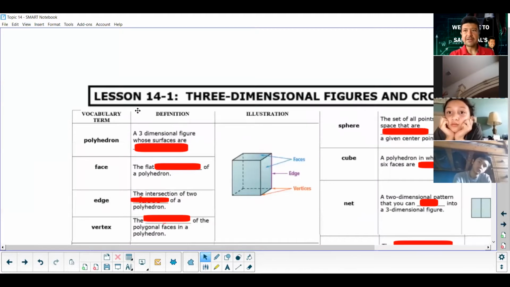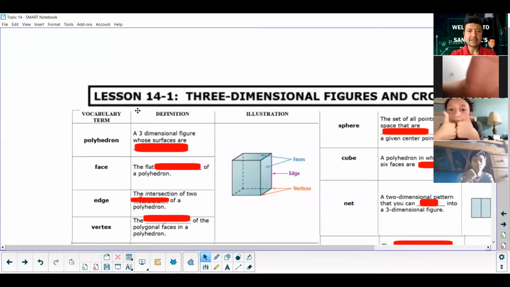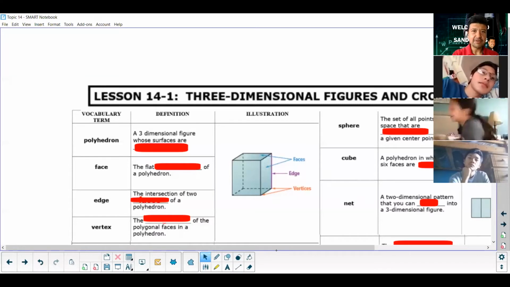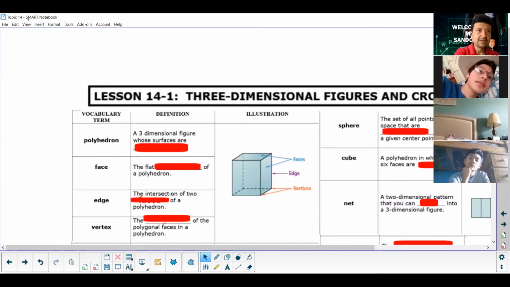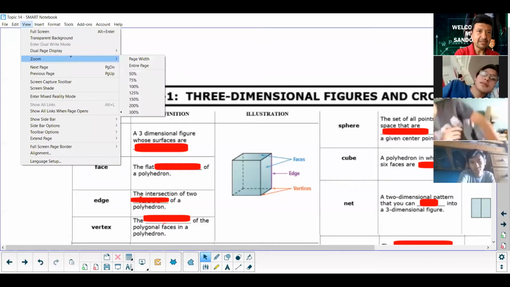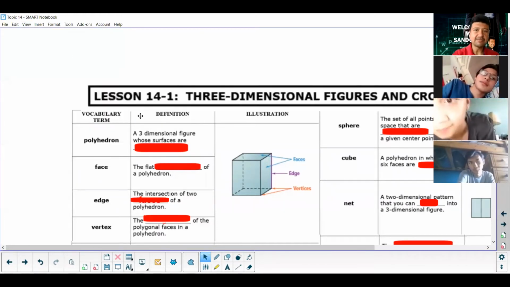Is this zoom good enough for you guys to read? Celeste, Max, Marcus, we're good? Okay, good. Actually, that's the maximum zoom, so we'll stay there.